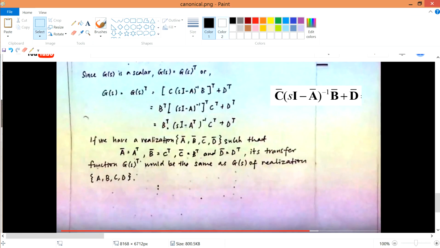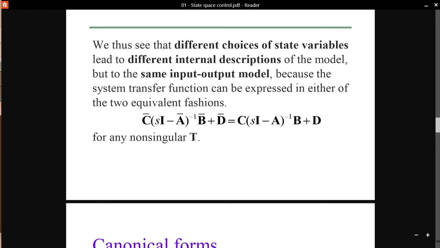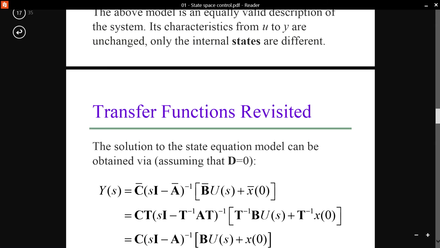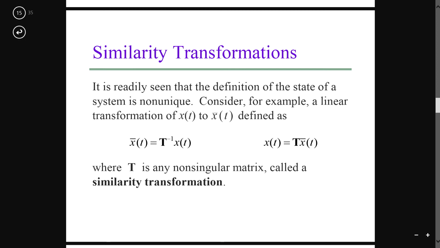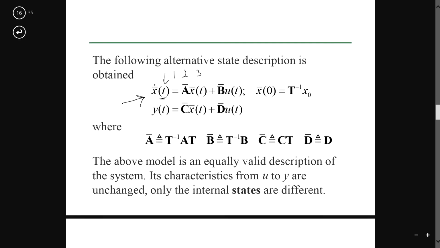Actually, what basically she means is that this thing over here, if you remember, is your transfer function for your transform. If you still remember, you actually do a series of transformations, from similarity transformation, and then we say that A bar is equal to T transpose AT, B is equal to this thing.